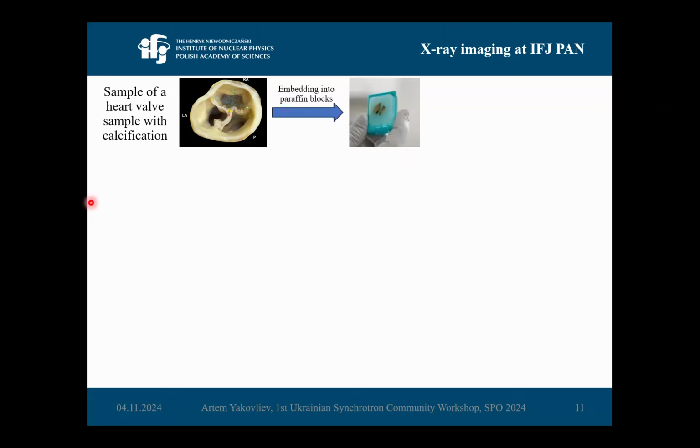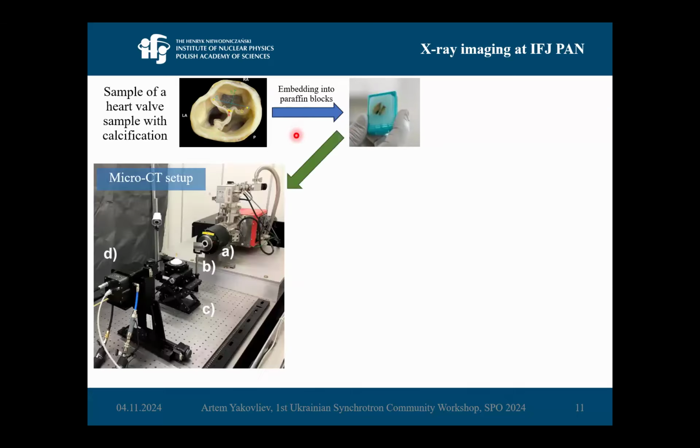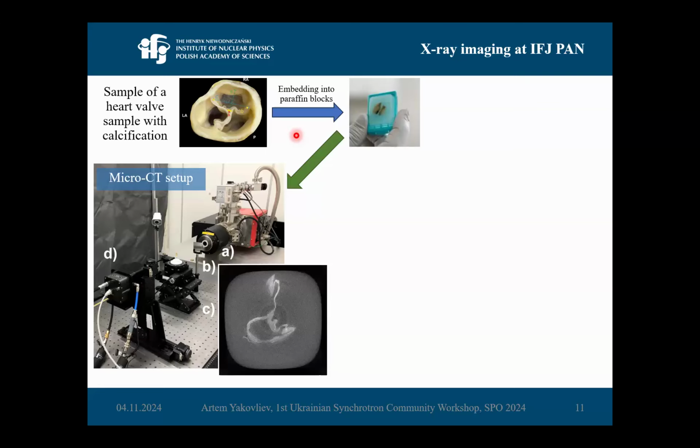They take these samples, put them into paraffin blocks, and then here in the lab we can do micro computed tomography imaging of these so-called leaflets, which are inside the valve.